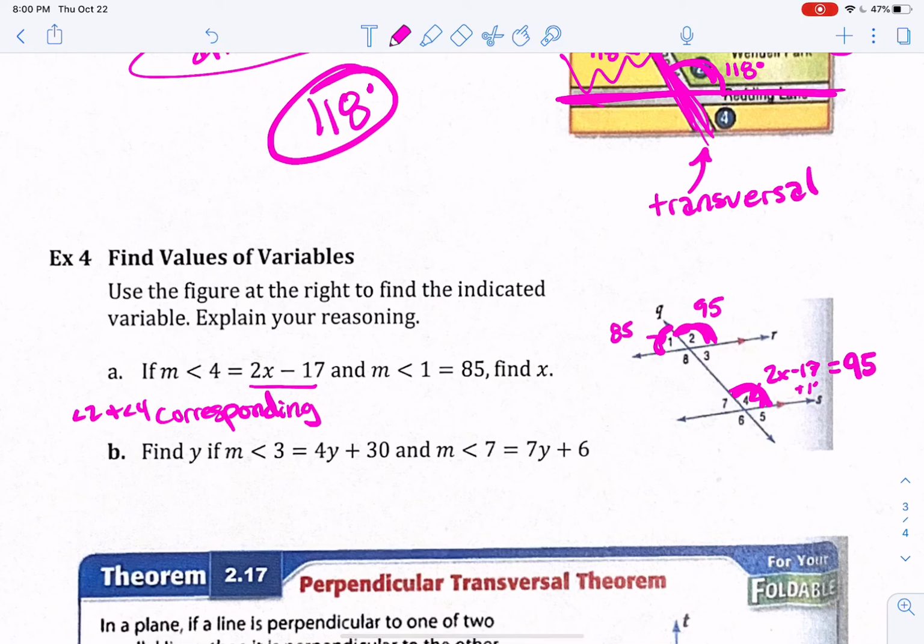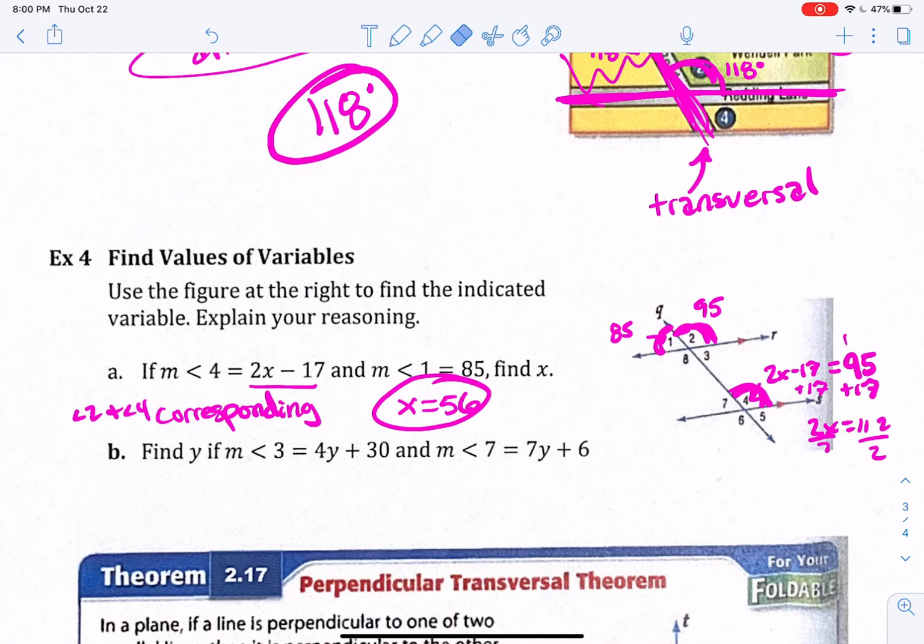If I add 17 to the other side, 2x has to be equal to 112. Then if I divide by 2, x equals 56. By corresponding angles, I'm able to say that those two things are the same.